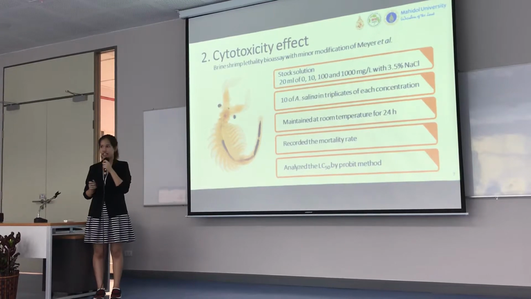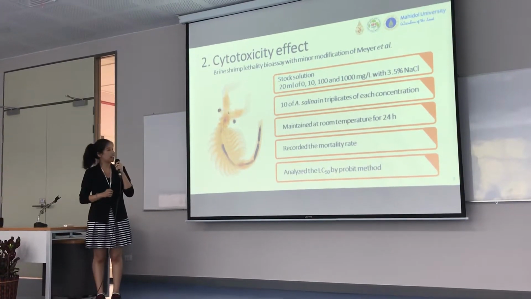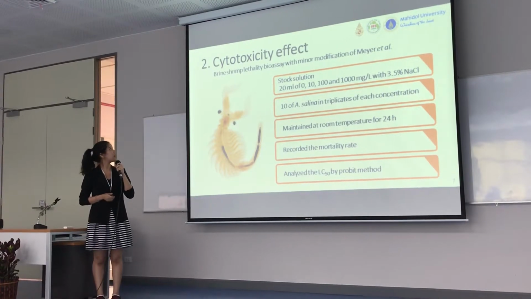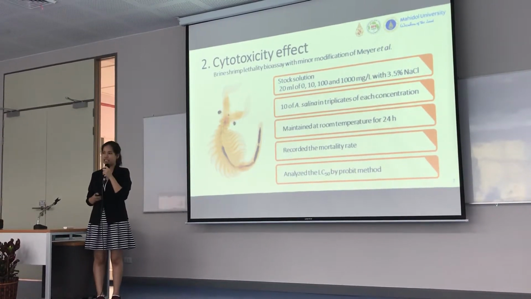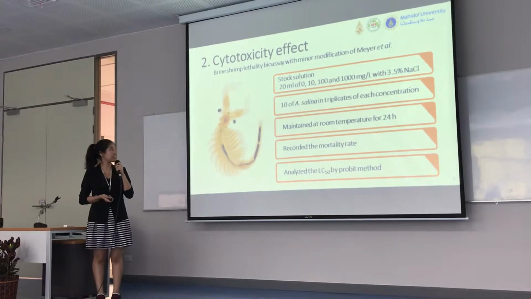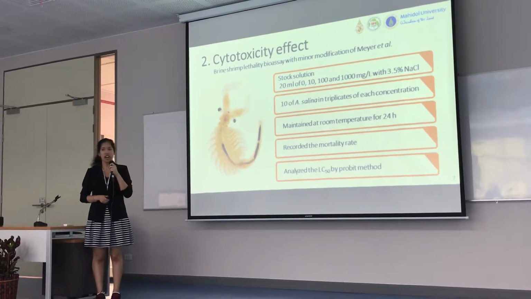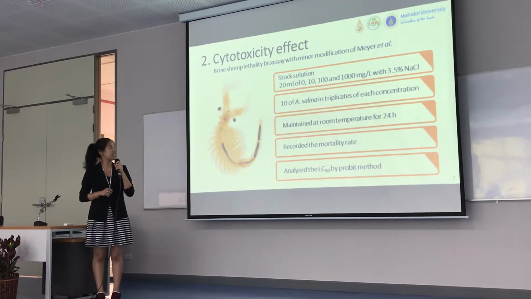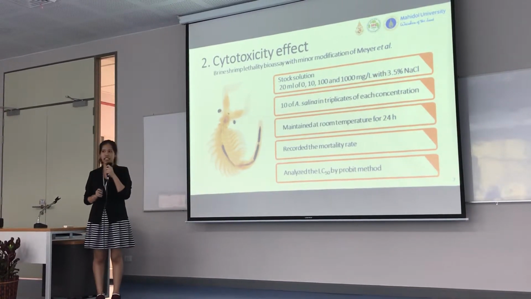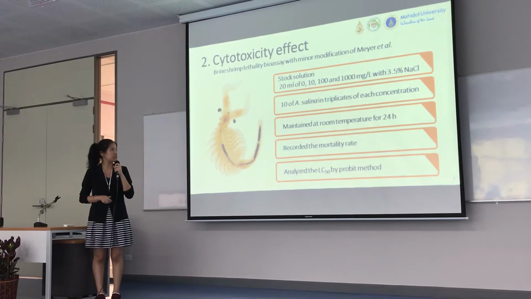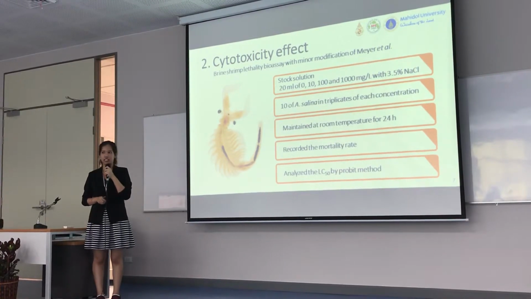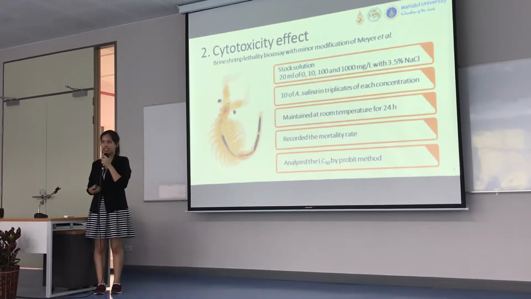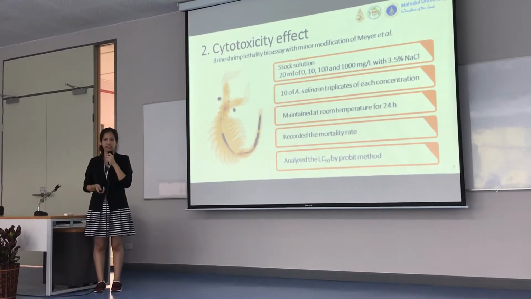Moving to the second objective, to evaluate the cytotoxicity effect using the brine shrimp, Artemia salina, lethality bioassay. Briefly, 10 Artemia salina were cultured in triplicate in different concentrations of stock solution and maintained at room temperature for 24 hours, and then the mortality rate was recorded at the end of the experiment.